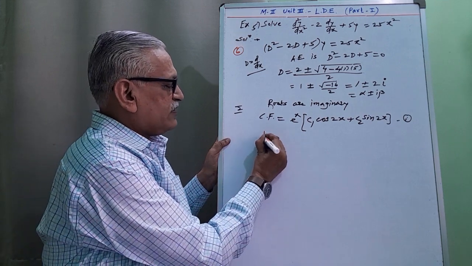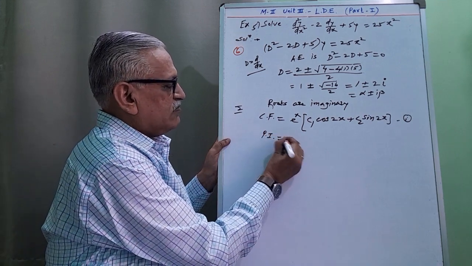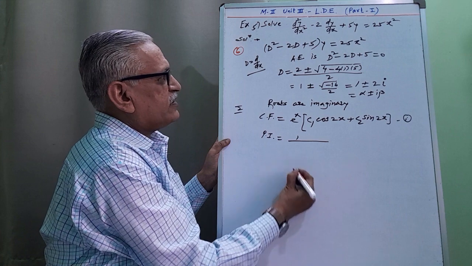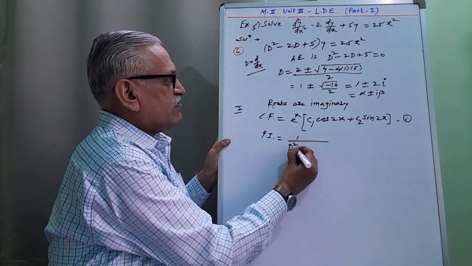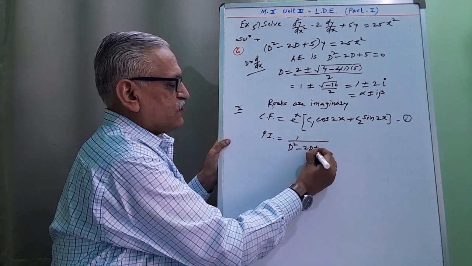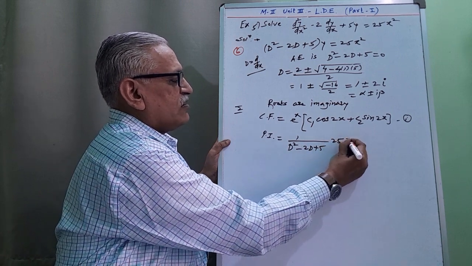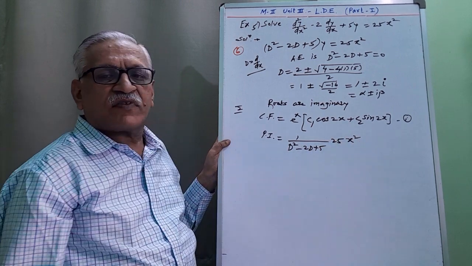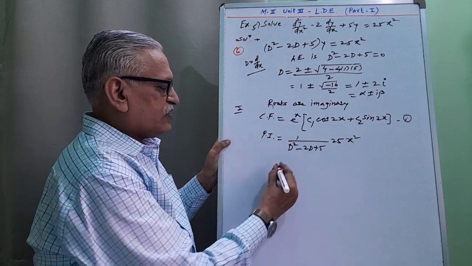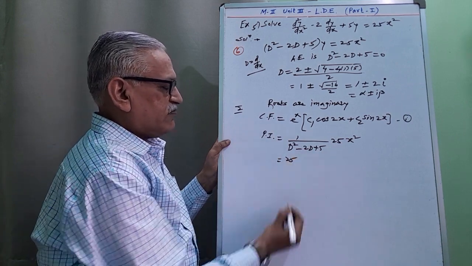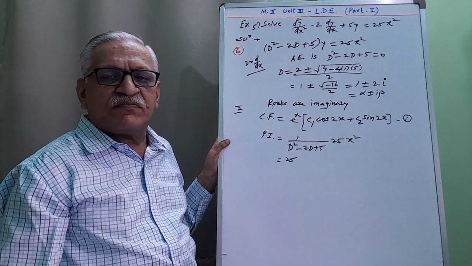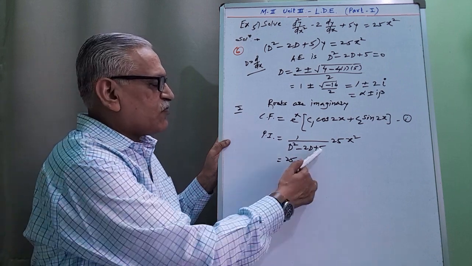Then the PI part, by inverse operator technique, it is d square minus 2d plus 5, which we have to operate on 25 x square. The constant term 25 we take outside. Taking the lowest degree term common from all this.